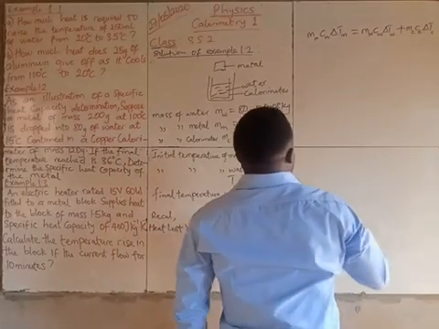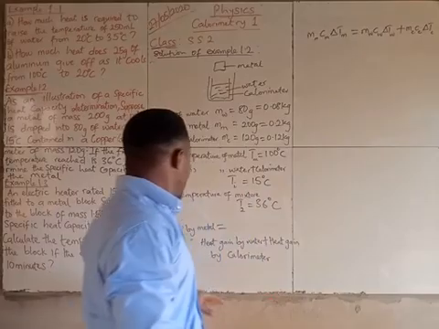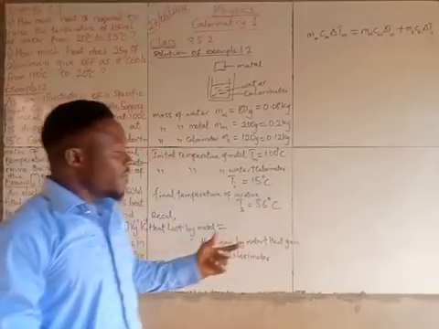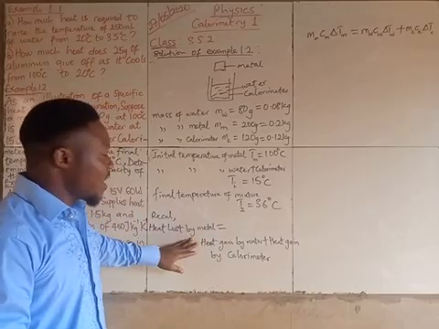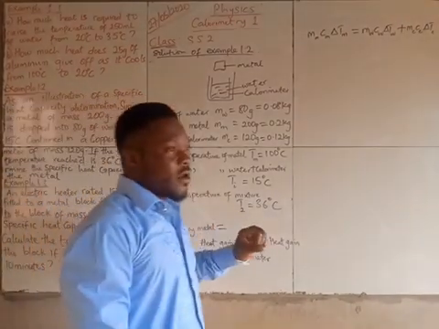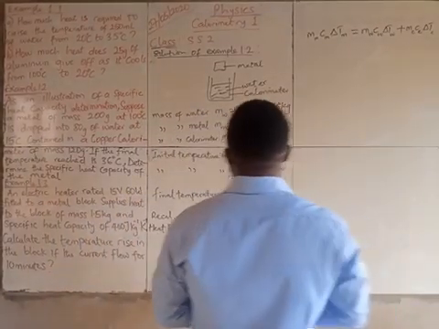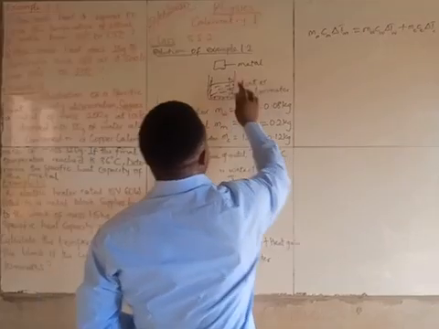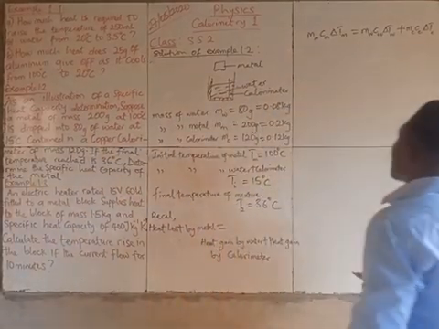Now, what we are saying is that the total heat lost must be equal to the total heat gain if thermal equilibrium is reached and provided there's no heat loss to the surroundings. That's why we always lag this calorimeter when doing such experiments to prevent heat loss to the surroundings.